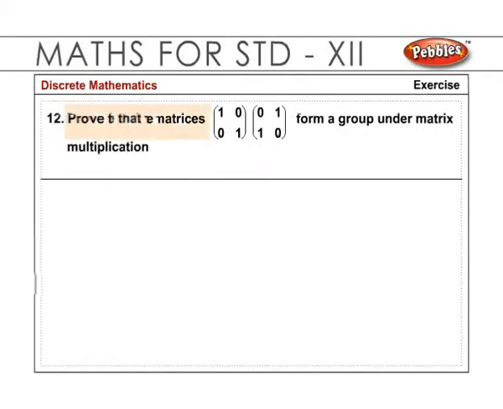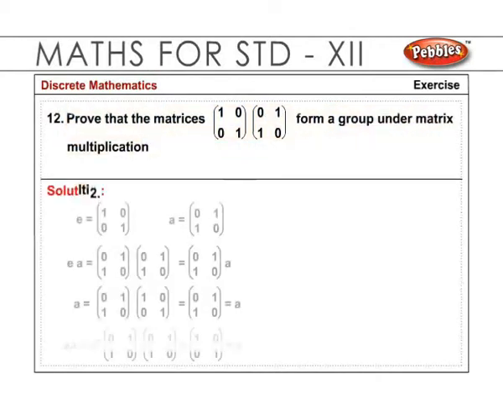Prove that the matrices 1, 0, 0, 1, 0, 1, 0 form a group under matrix multiplication.